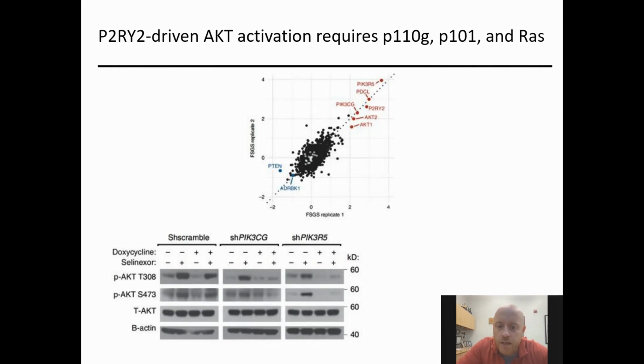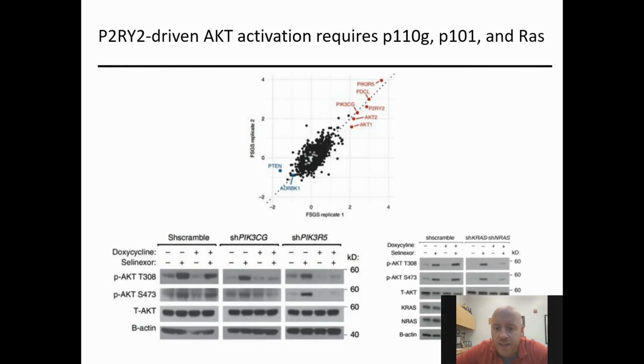And similarly, if you suppress the expression of both KRAS and NRAS, although interestingly not either one on its own, you can similarly block AKT activation following selinexor treatment. And this is consistent with what is known about the role of RAS in signaling downstream of PI3 kinase gamma.